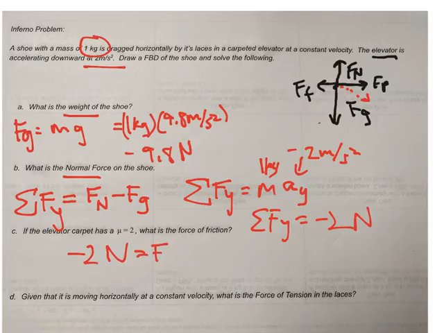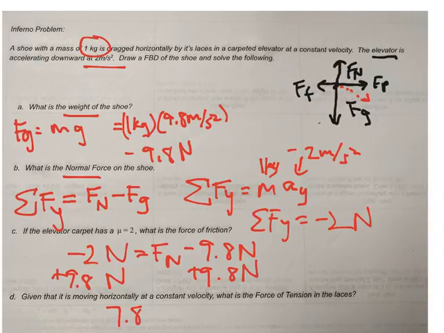We don't know what our normal force is, but we do know that our gravity is 9.8, or 10 if we rounded. So given this, what does the normal force have to be for the overall force to be negative 2? So you can solve it for the normal force. So you add 9.8 plus a negative 2, which will give you 7.8, or if you rounded, it would just be 8, is your normal force.